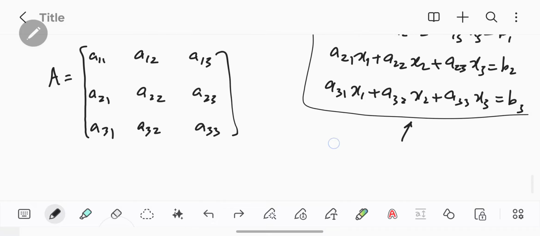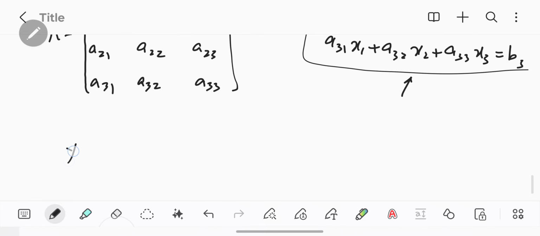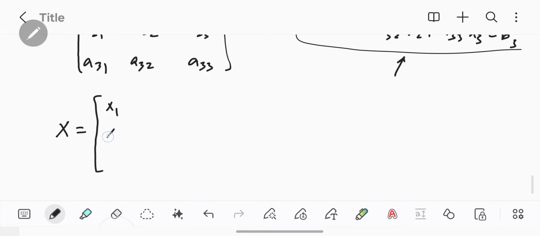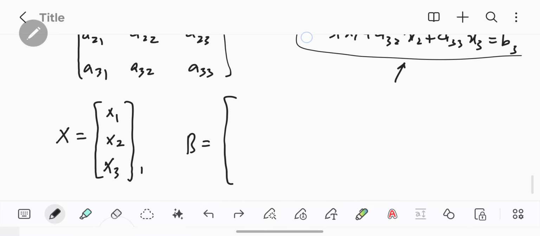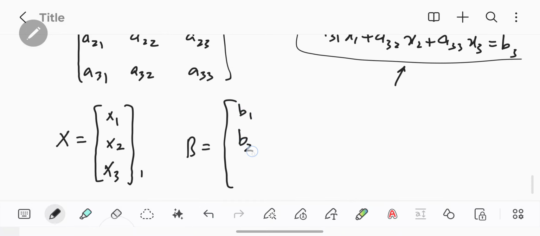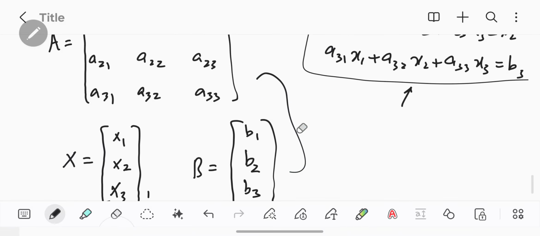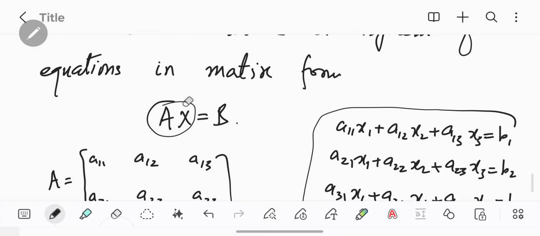Similarly, X is the column matrix determined by the variables x1, x2, and x3, and the constant matrix B is b1, b2, and b3. Using these 3 matrices, we can always write the system of linear equations in this matrix form.